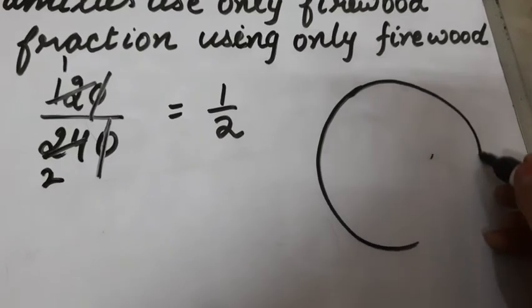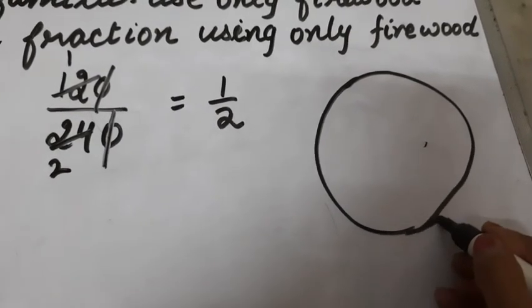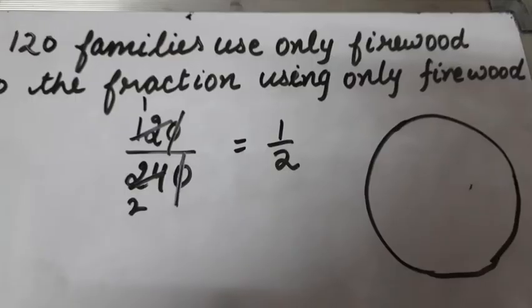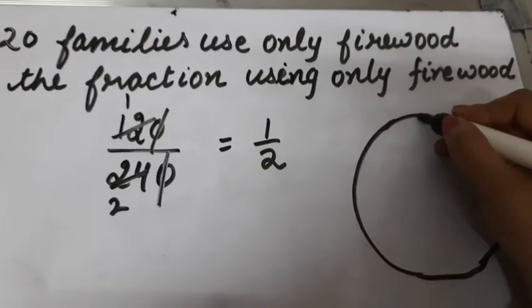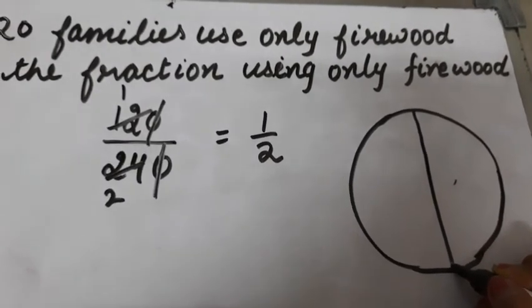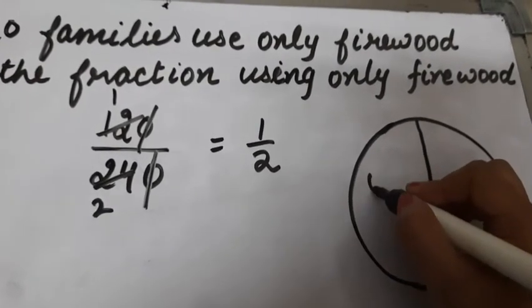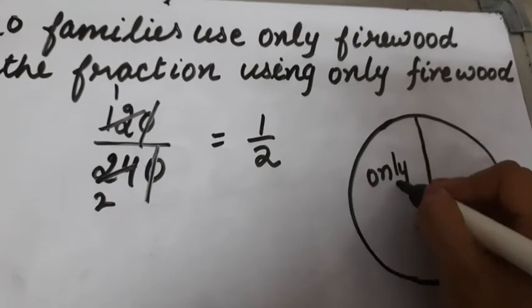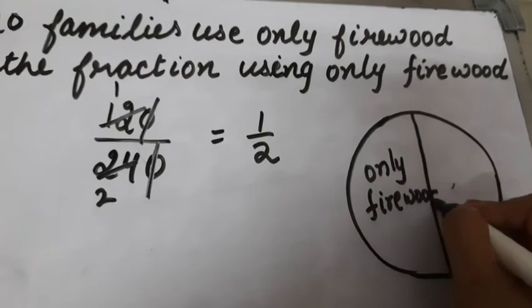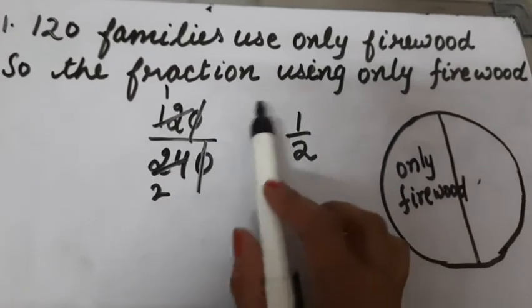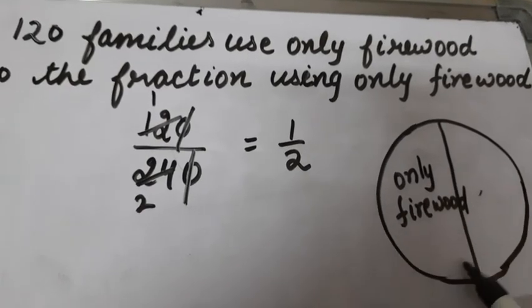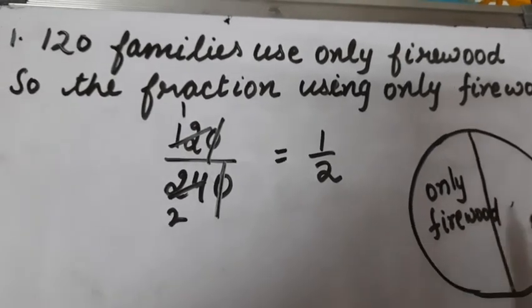I have explained that a pie chart is a circular chart. So half of the circle shows only firewood, because the fraction was 1 by 2.